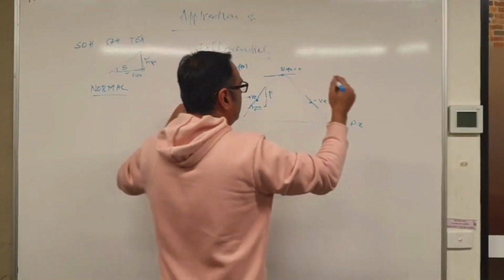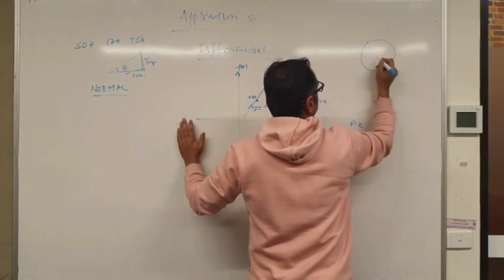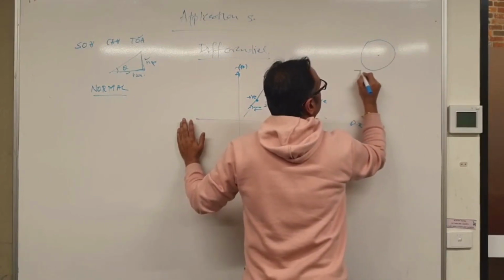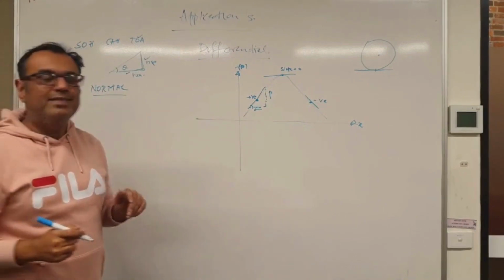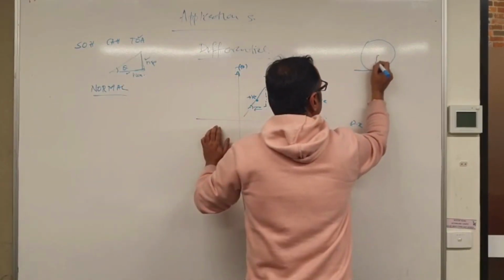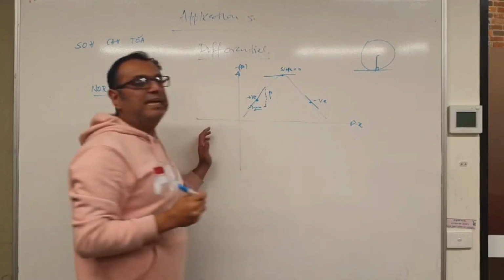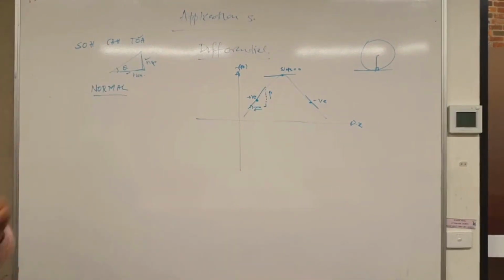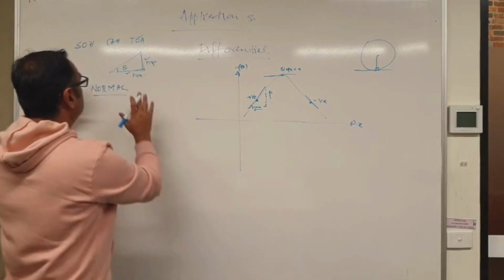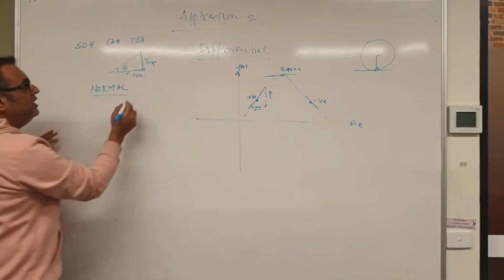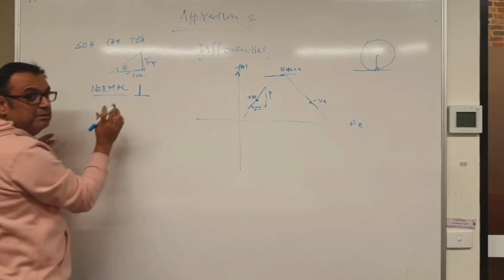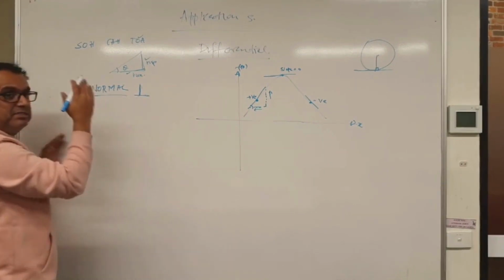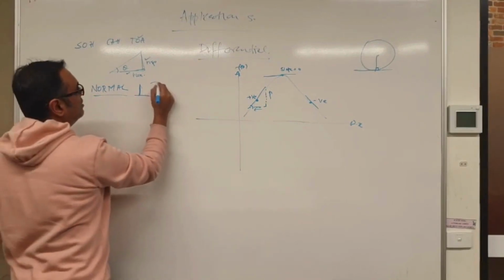If I give you a very layman example of a circle, and let's say you've got a tangent at a point on the circle, then the normal is the perpendicular drawn from the center to the point where the tangent is drawn. So the tangent and the normal are perpendicular to each other. This is the geometrical symbol of perpendicular. That means they make a 90-degree angle with each other.